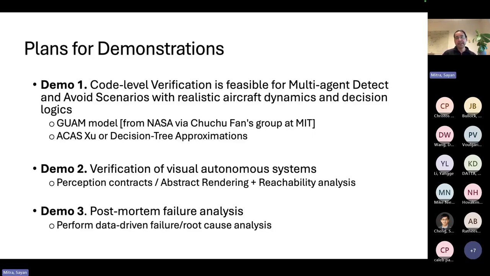And the idea here is if you run a complicated experiment and you collect some observation data from this experiment, she has developed some interesting methods which can then do the analysis of this collected data to figure out what were the root causes of problems or degraded performance or failures. This is another thing we can do, because there's going to be a lot of actual flight tests in May. So one potential thing we could do is to collect data from there and do this kind of analysis.